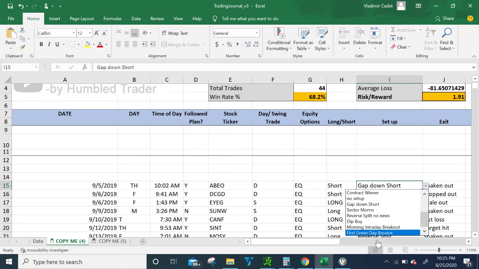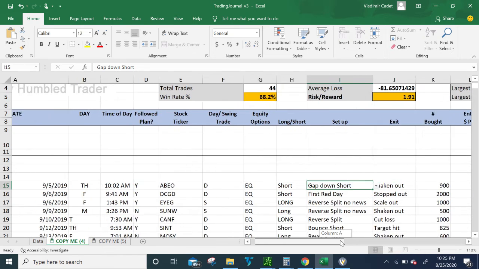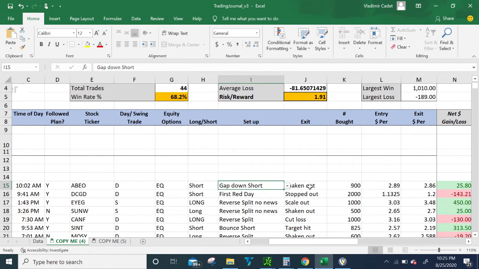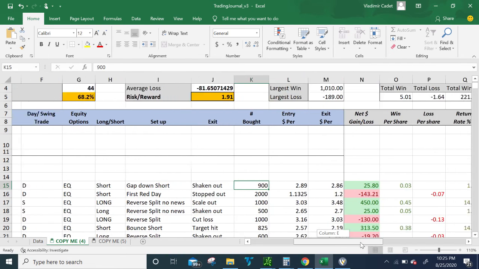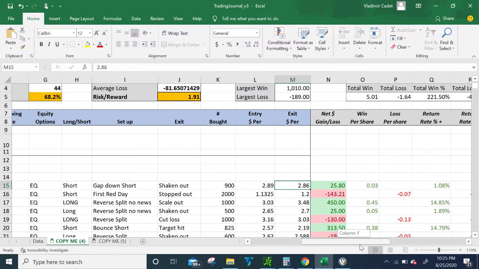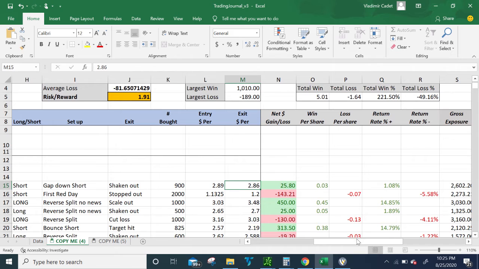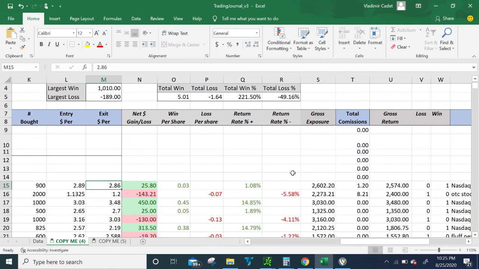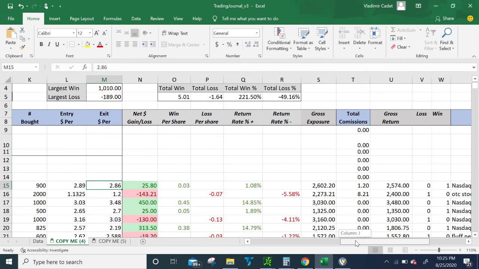And you have your exit, where you're shaking out. Like, what were you feeling? How many shares? This is my entry. This is my exit, and it lets me know my profit, percentage, gross exposure.